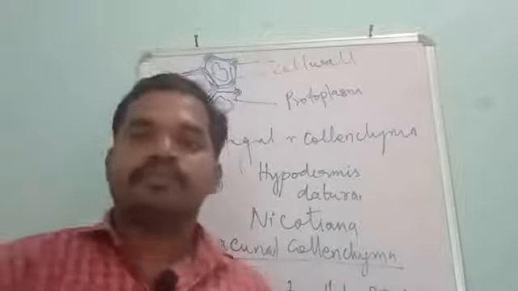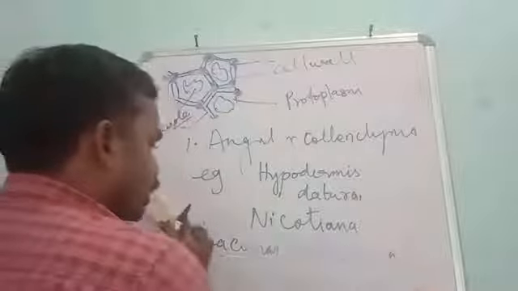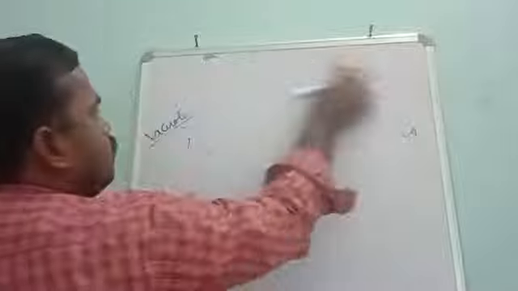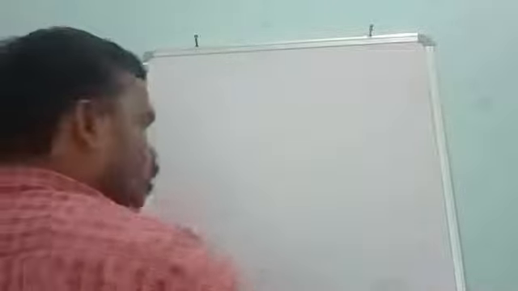Got it? Clear? The third one is lamellar. But first, what is the example for lacunar collenchyma? Where do we identify lacunar collenchyma?